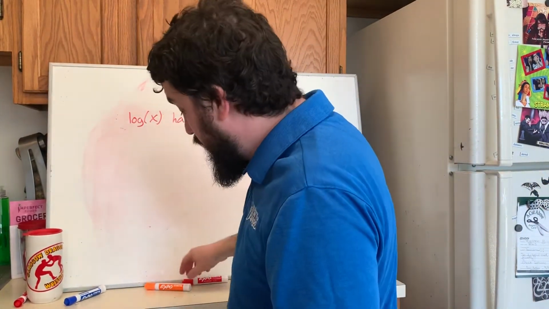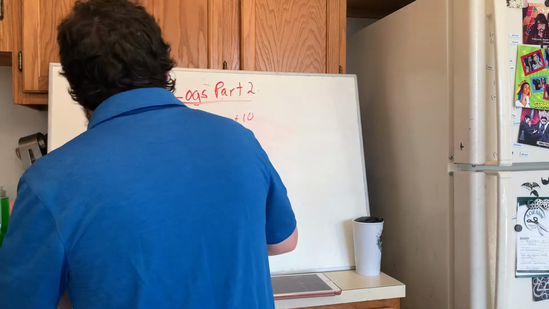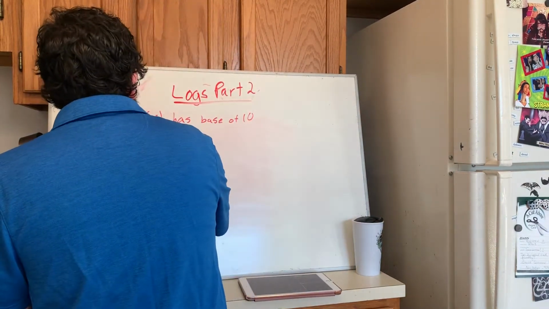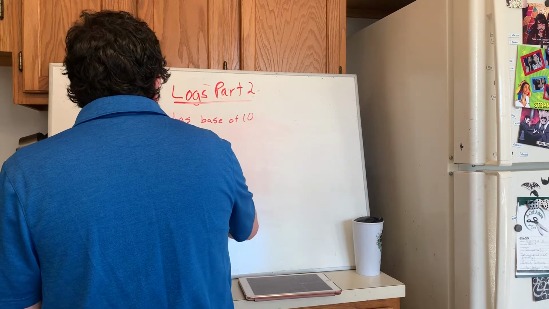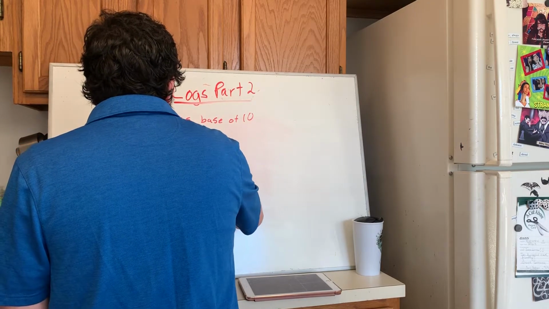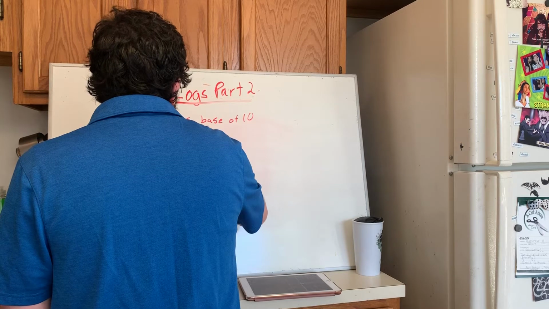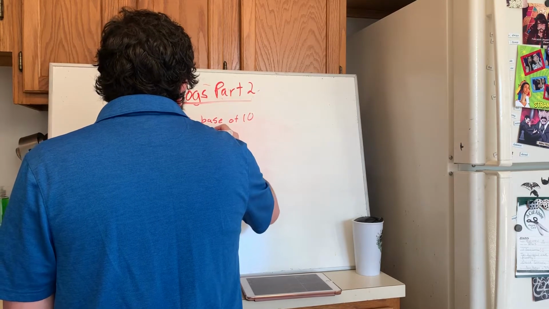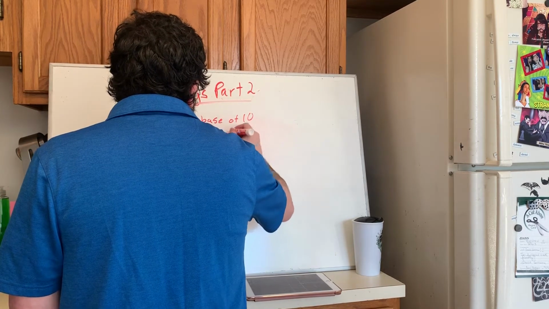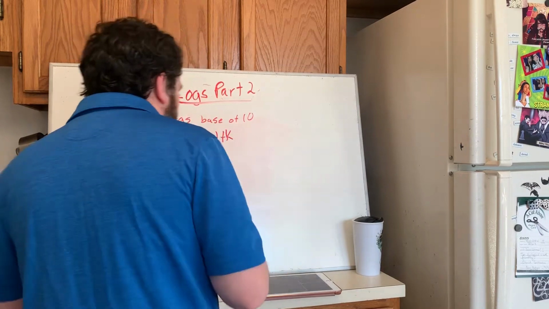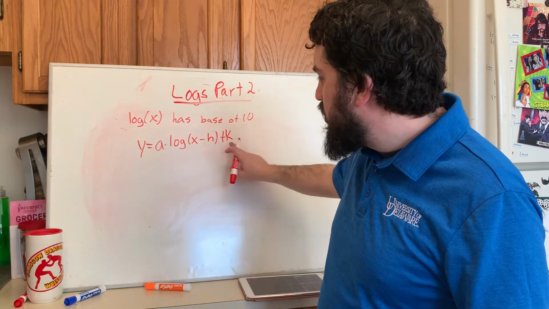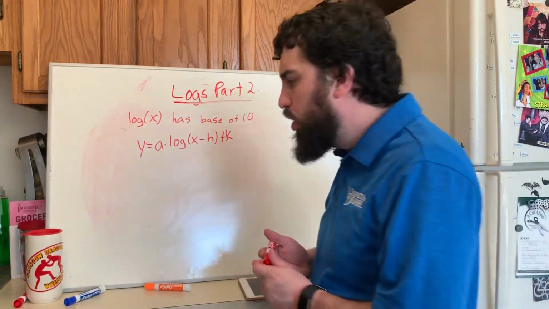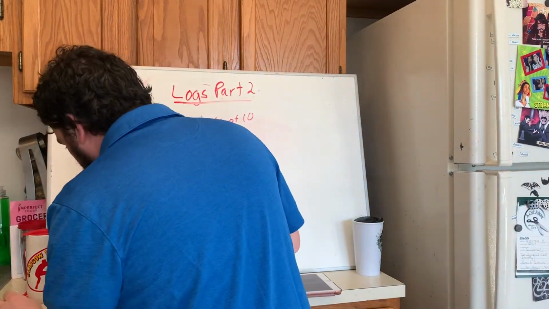So when we look at a graph, if we have y is equal to a times log of x minus h, plus k, these letters, a, h, and k, will move this function.